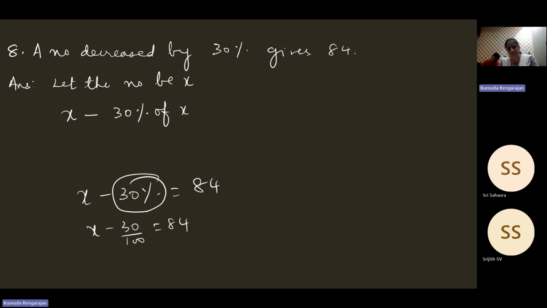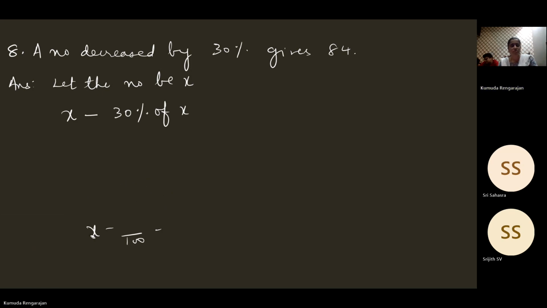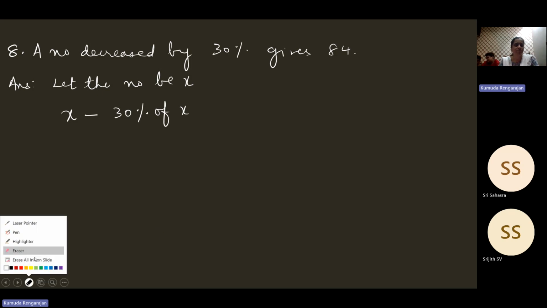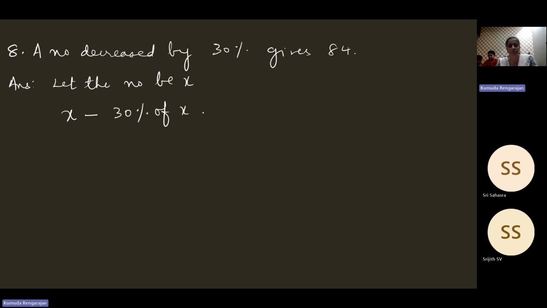30%, this percentage is always multiplied by something. 30% of what? So x, the number is x, minus 30% of the number x is equal to 84.